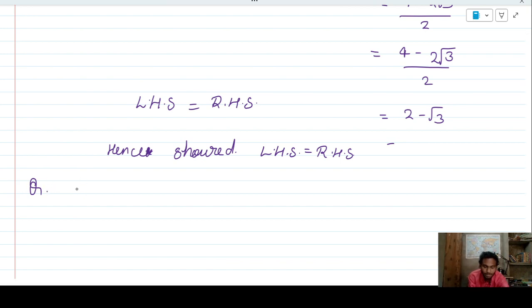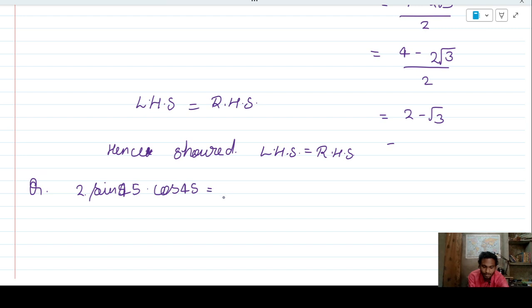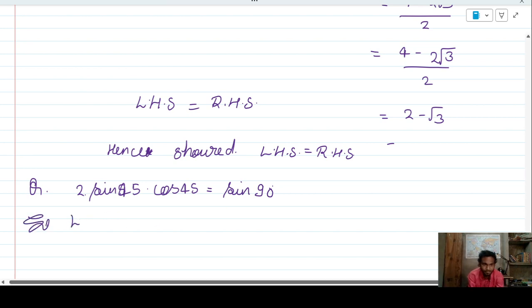Verify some problems, then solve it again. Sine 45 into cos 45 equal to sine 90. We take the left hand side and solve.